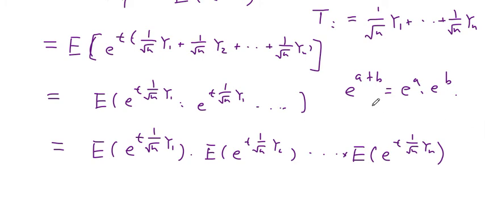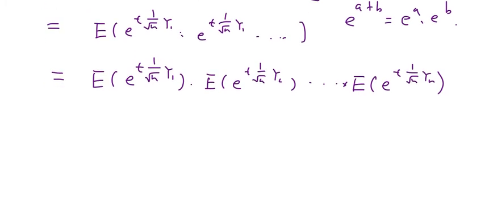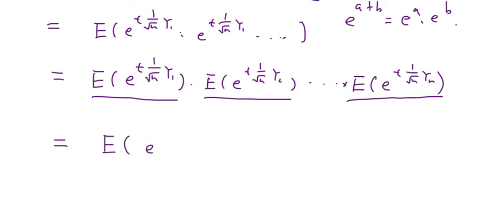So the moment generating function is also the same. We can write this as the expectation of e to the t over root n times y1, to the power n.